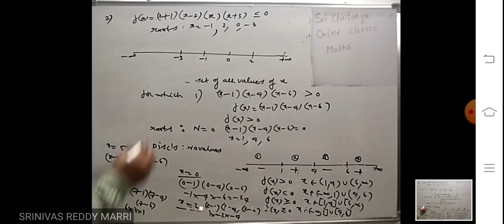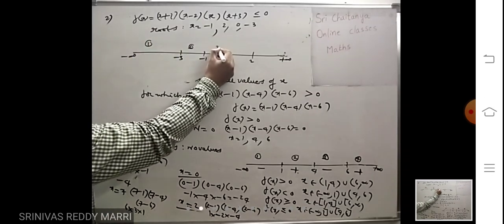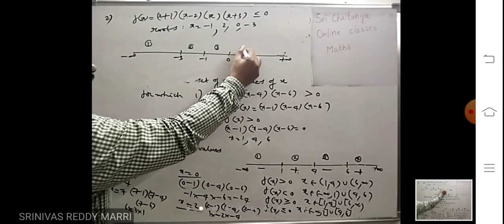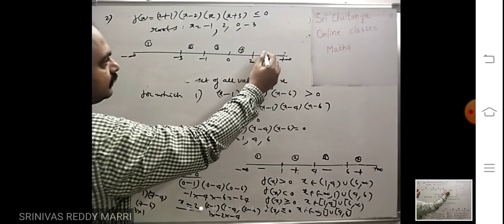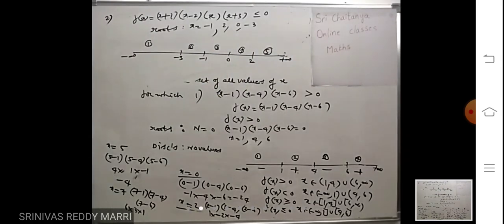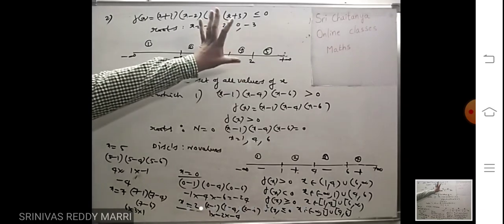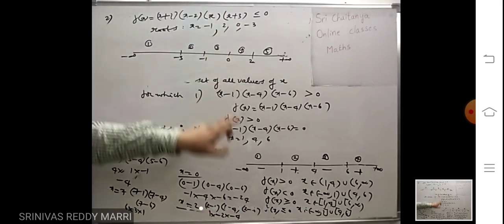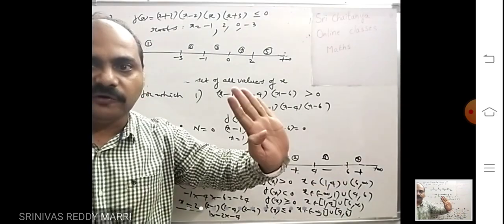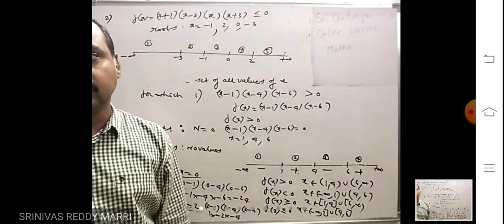Now this is the first interval, the second, the third, the fourth, the fifth part. Because I have marked 4 numbers, you will find 5 intervals. Previously I marked 3 numbers and got 4 intervals. If n points are marked, you will get n plus 1 intervals.